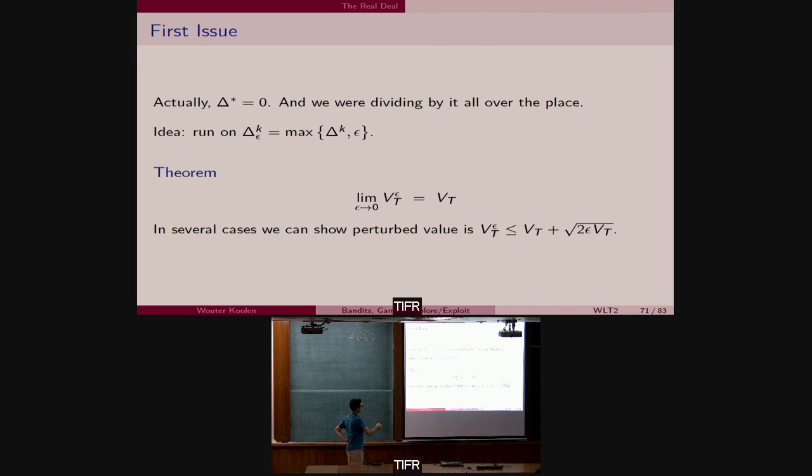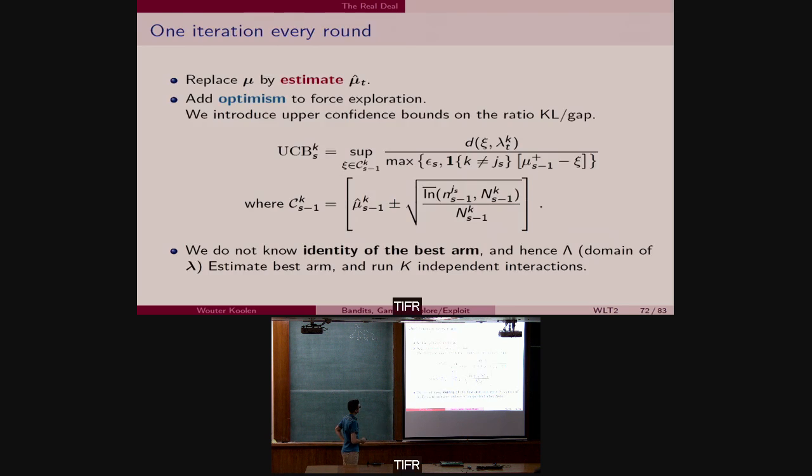So that creates a perturbed version of the problem. A funny version in which there is no arm with 0 gap. But it turns out, at least for small epsilon, you get the right quantity. So now it becomes a tuning question. How small do I need to make it? And you can actually be sort of more precise about how close you get when epsilon gets small. Okay, so that's one trick.